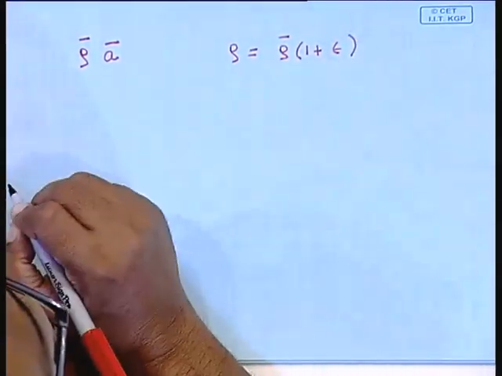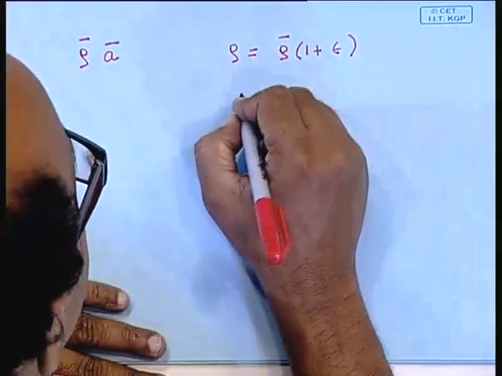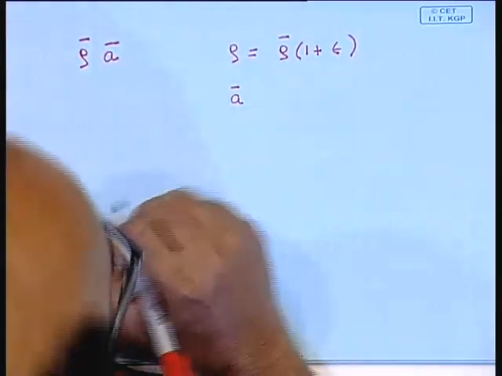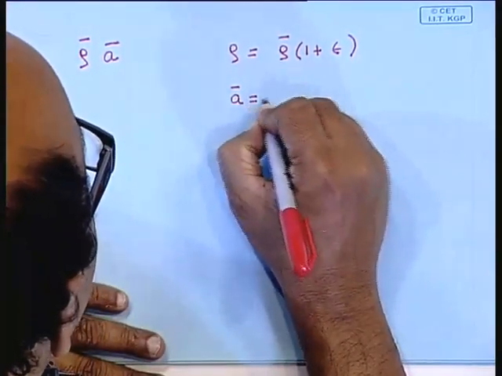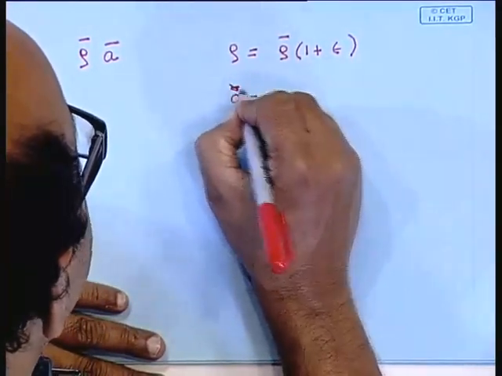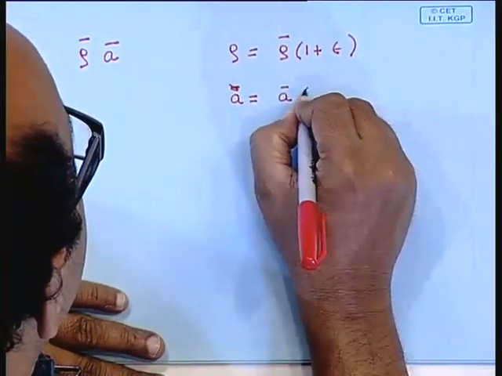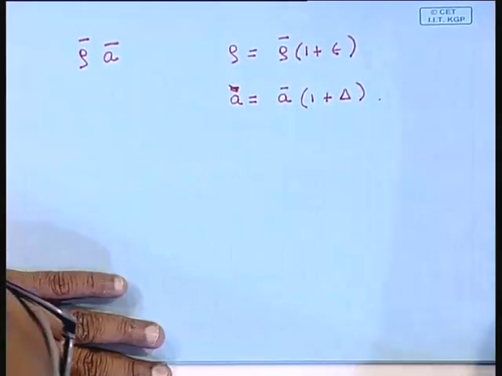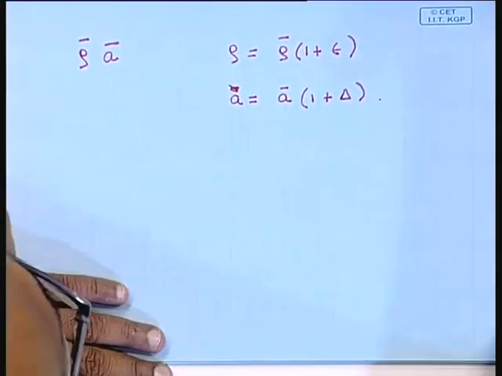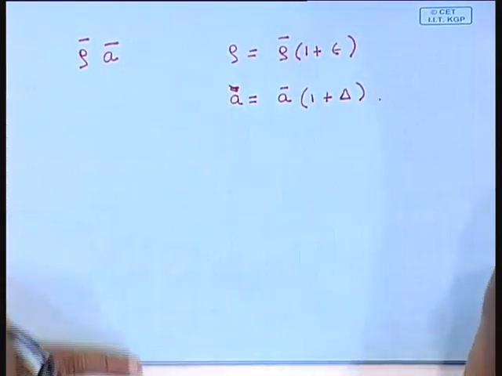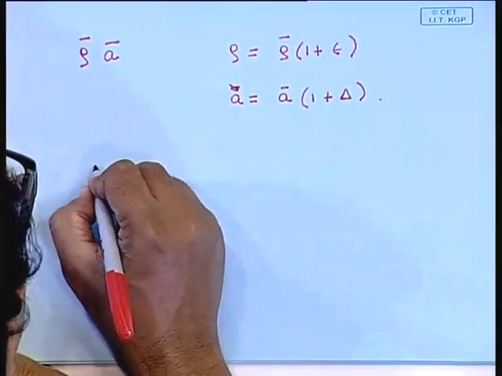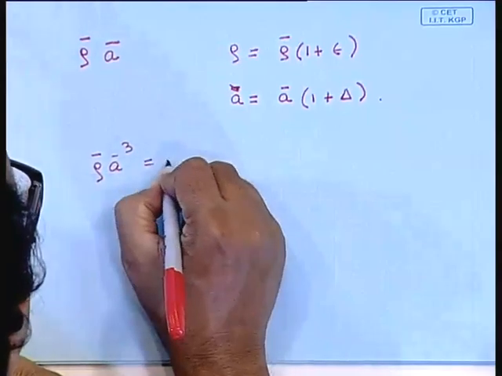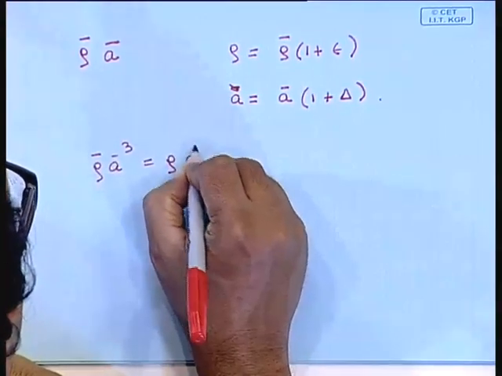So A will also be slightly different: A bar into 1 plus delta. Now we would like rho bar A bar cube to be the same as rho A cube.